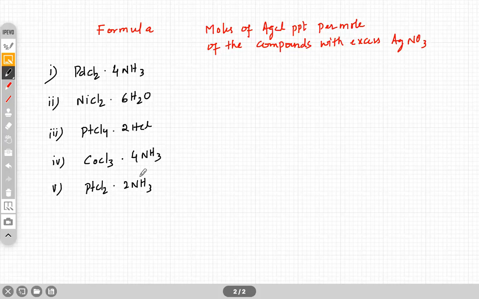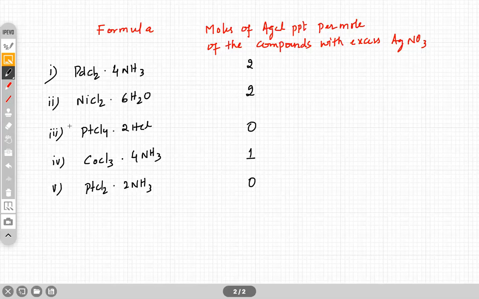You need to find the primary and secondary valency and the formula of each molecule, because it is not written in a square bracket or anything like that. So you need to find out how many ligands are present in the complex part, plus the primary and secondary valency for all these compounds. The number of moles of AgCl precipitated per mole is 2 for the first one, then 2, then 0, then 1, and then 0. This is the data given.